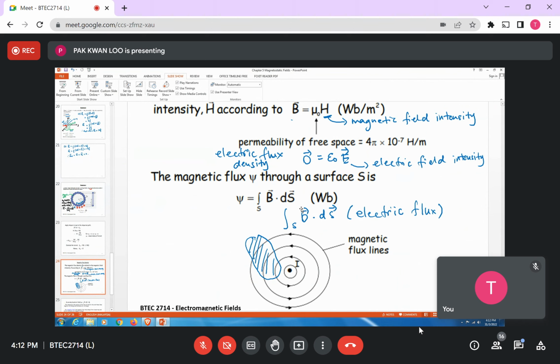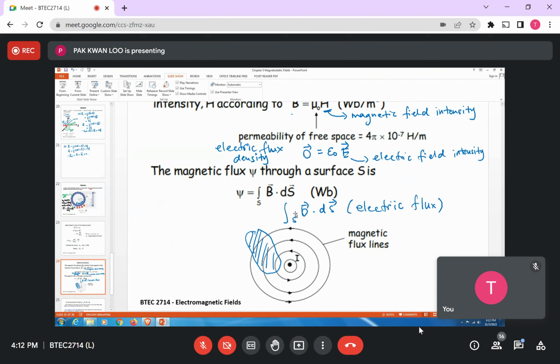If it's area, you multiply by area, so basically we get back Newton per coulomb, right? That is the dimension for electric flux.